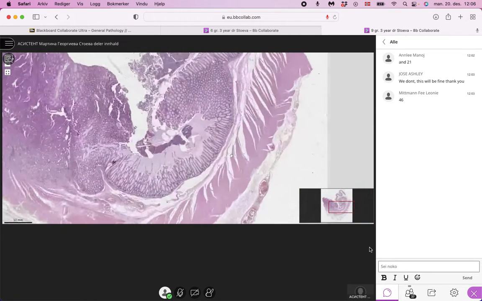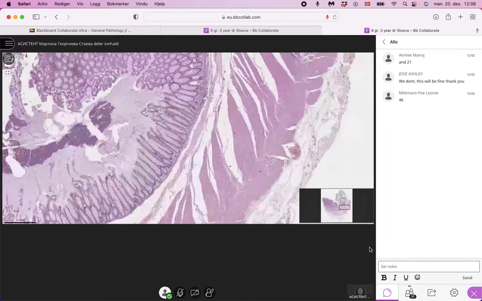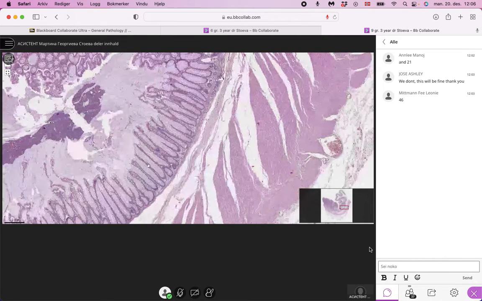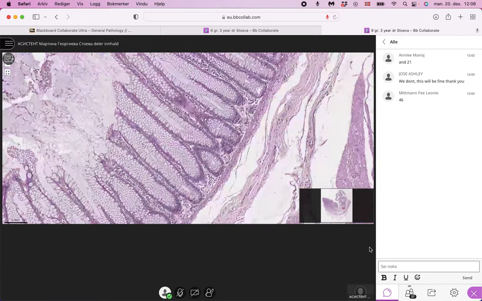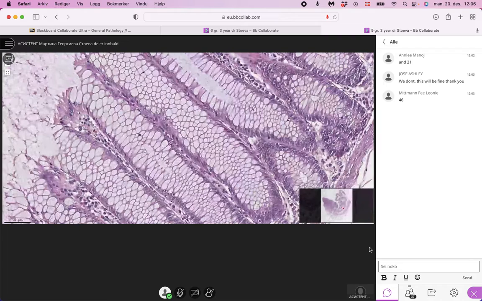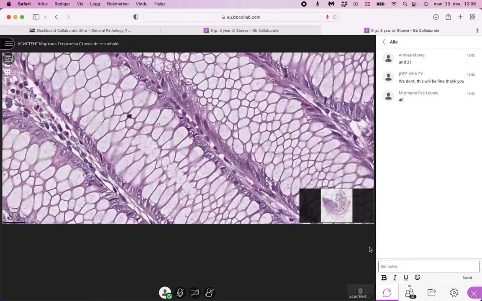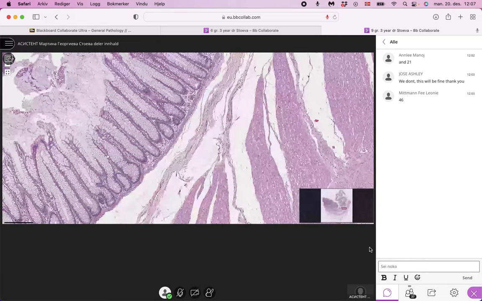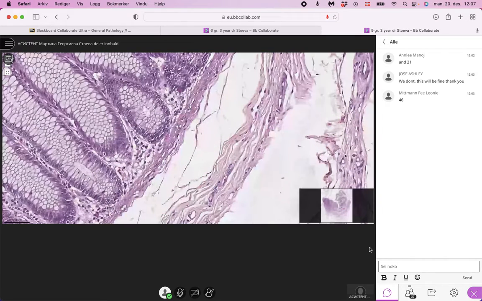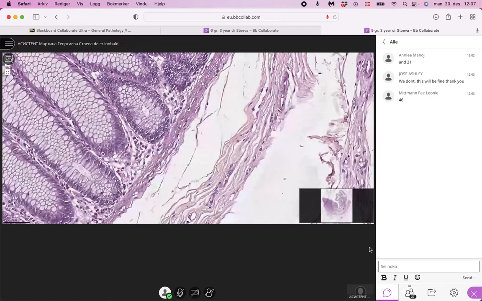of the normal layers of the colon, starting with the mucosal layer, which is composed of crypts. These crypts are lined by goblet cells, which contain large mucin vacuoles. Directly under the mucosal layer, there is a thin layer of smooth muscle tissue, which is lamina muscularis mucosae.